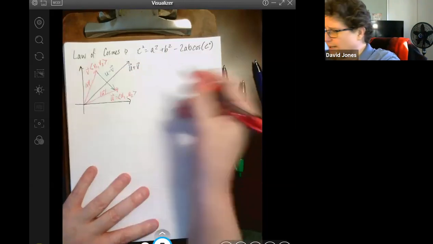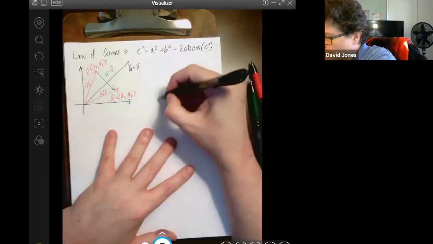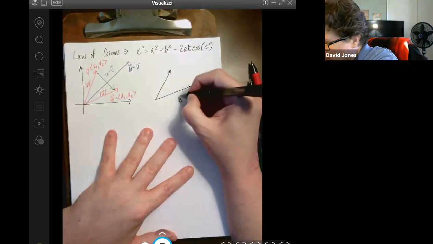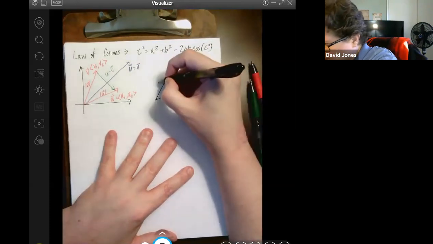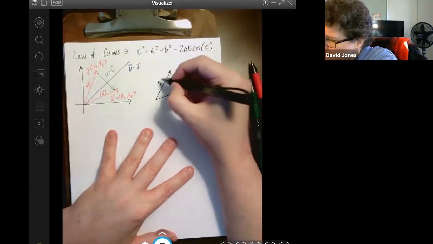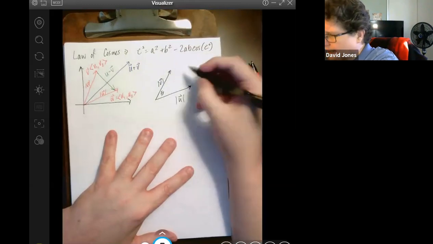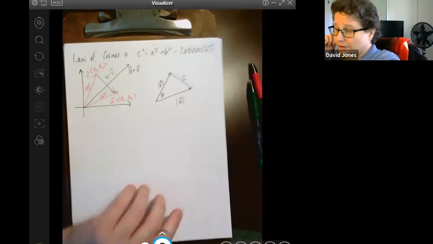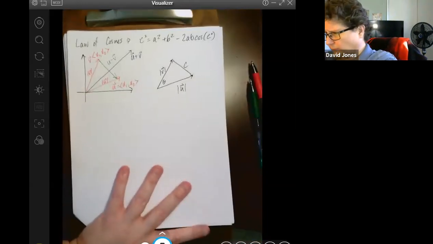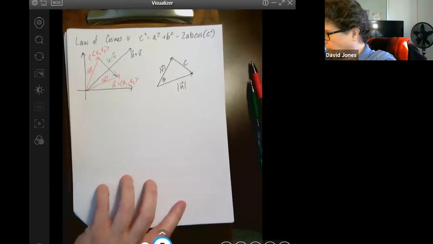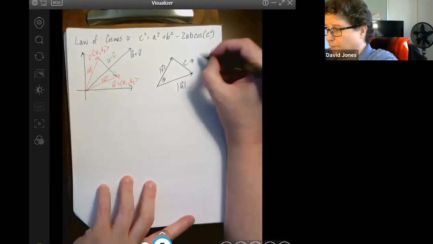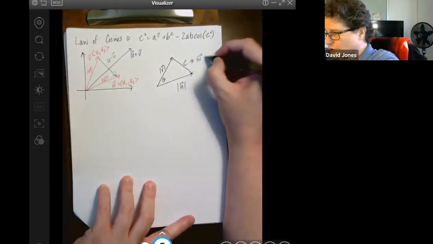So let's look at that without that extra little bit I put in there. We've got u and v. This is our angle theta. And this gives us our side C of a triangle. And to be consistent, let's call this vector W, which is u minus v.